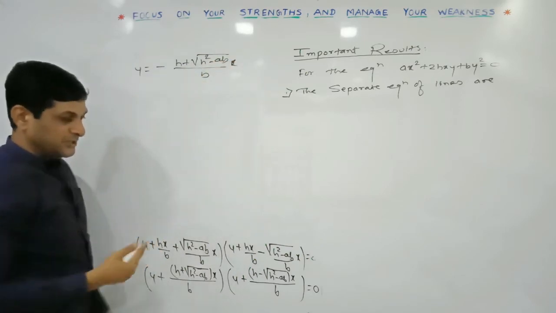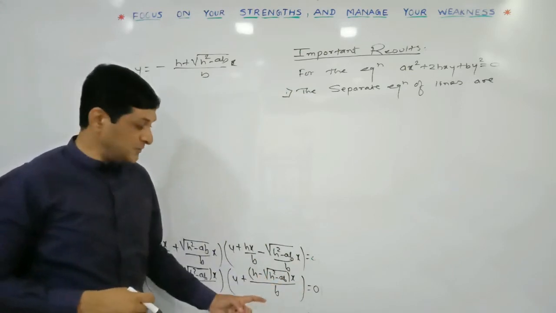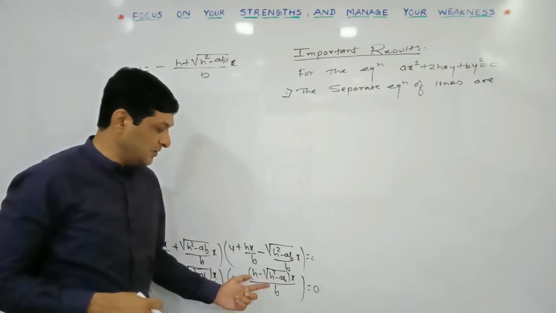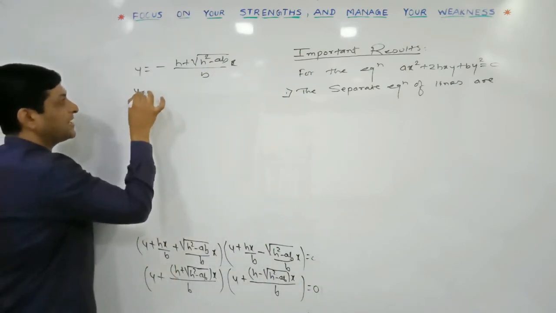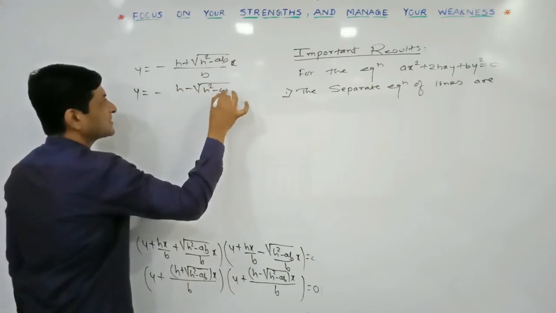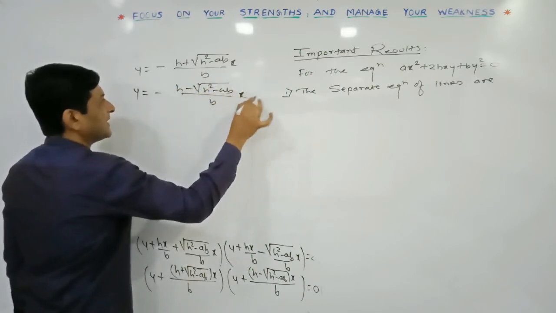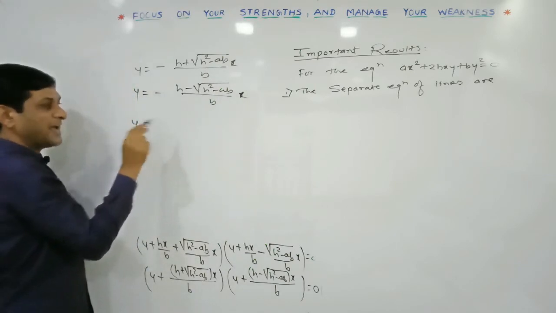And for the second equation, the product of two terms is 0, meaning either the first term is 0 or the second term is 0. If we consider the second term equal to 0, then the plus term on this side will become minus. So what we'll get here is y is equal to minus h minus under root h square minus ab upon b into x. Now we can observe that this side is nothing but y, isn't it?